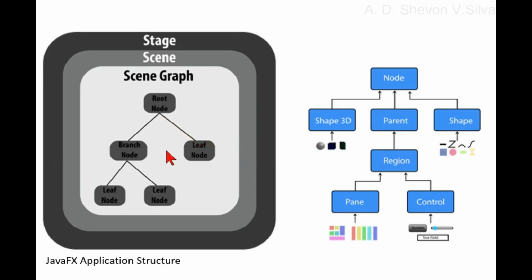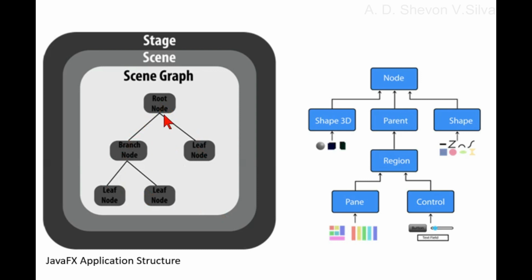Here you can see the stage. The scene is inside the stage, and the scene graph is inside the scene. Inside the scene graph you can see nodes.